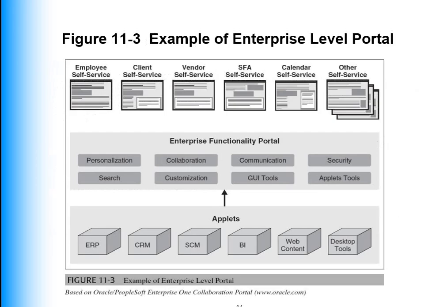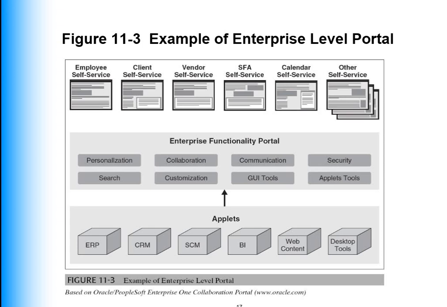Example of an enterprise-level portal: employee self-service, client self-service, vendor self-service, SFA self-service, calendar self-service, and other self-service. Enterprise portal functionality includes personalization, collaboration, communication, security, search, customization, GUI tools, applet tools, ERP, CRM, SCM, BI, web content, and desktop tools.